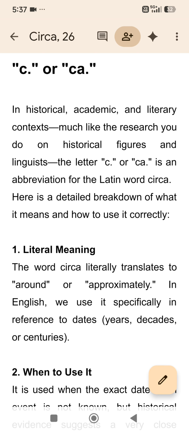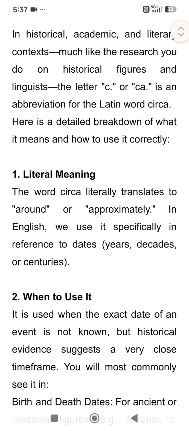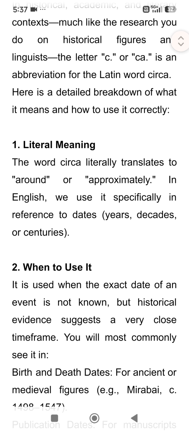Hello students, good morning. This is a video on circa, C or CA. In historical, academic and literary contexts, much like the research you do on historical figures and linguistics, the letter C or circa, CA, is an abbreviation for the Latin word circa, right?